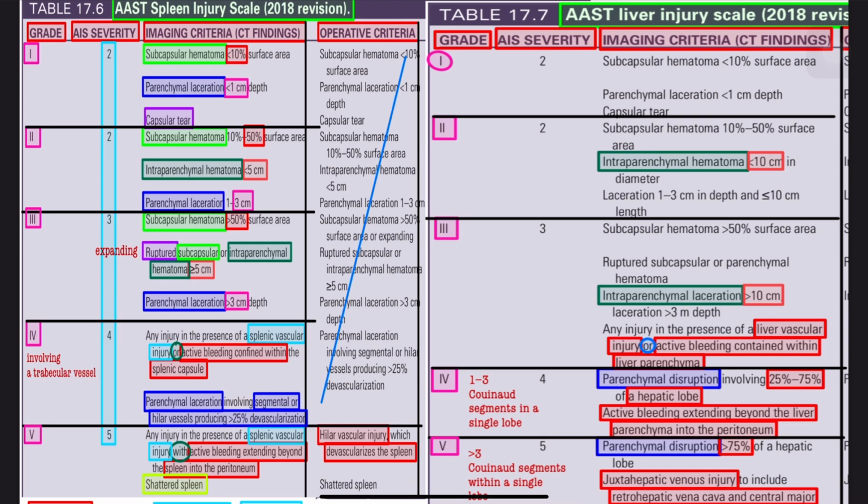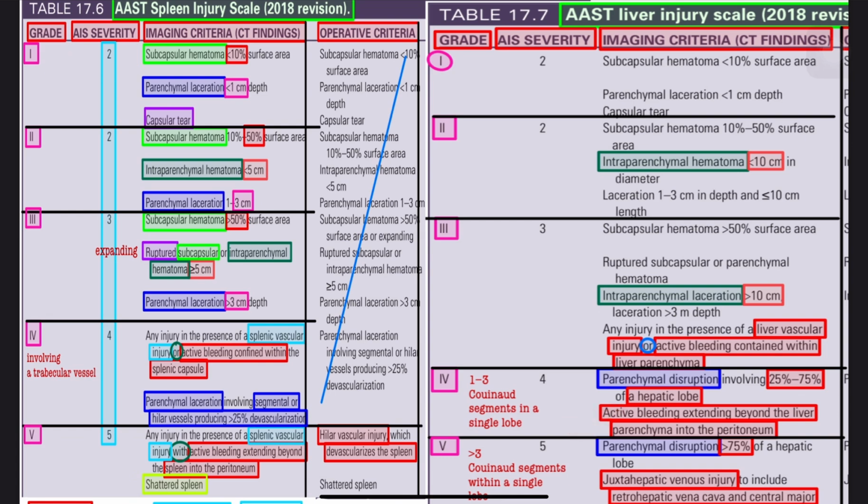In liver, the same thing is written as parenchymal disruption involving 25 to 75% of a hepatic lobe, meaning a single hepatic lobe. In other words, 25 to 75% we can say is 1 to 3 Couinaud segments in a single lobe. And active bleeding extending beyond the liver parenchyma into peritoneum is grade 4.